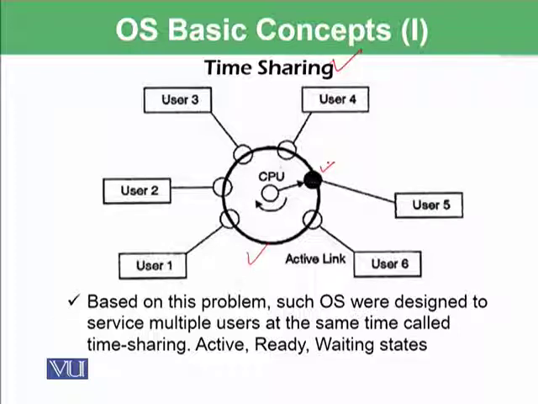This is what we call being serviced, or using the CPU. Then there is another one which is called the active line. For example, when user 5 is serviced, then user 6 will be serviced because it is in the active line, and when it is serviced, the active line will move over here.